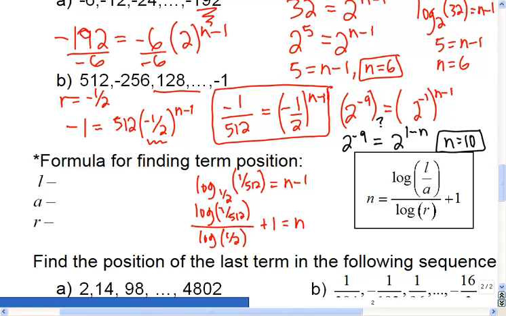So if you look at this, here's the first term. Here's the first term there. Here's the last term. Here's the last term there. Common ratio we said was the half. There's the common ratio there. So the formula only has 3 parts. This here, which is the last term, divided by the first term, and the log of the common ratio.